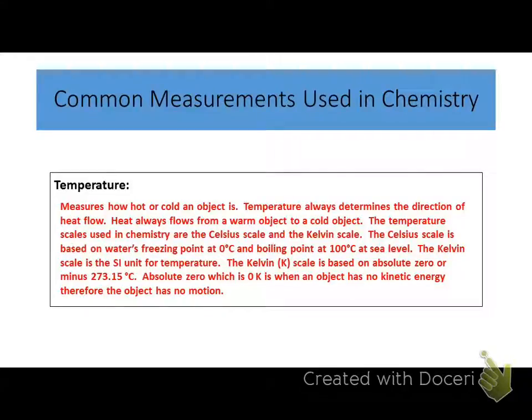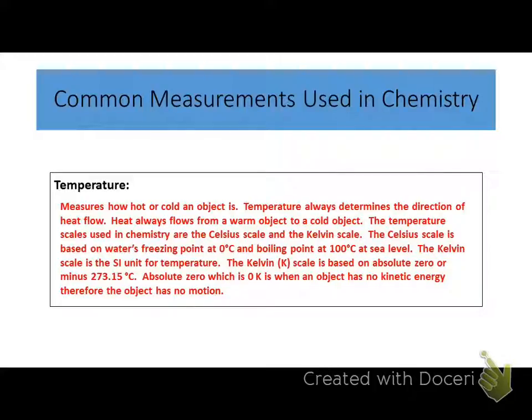All right? Now, what is the Kelvin scale based on? First of all, you've got to remember from part 1 that Kelvin is the fundamental SI unit of temperature. The Kelvin scale is based on something a little different. It's based on a value called absolute zero, which is equal to minus 273.15 degrees C. What does absolute zero mean? Well, absolute zero is assigned a value of 0 Kelvin.